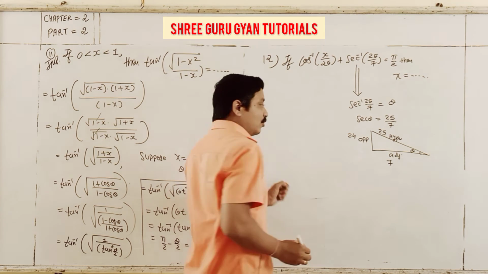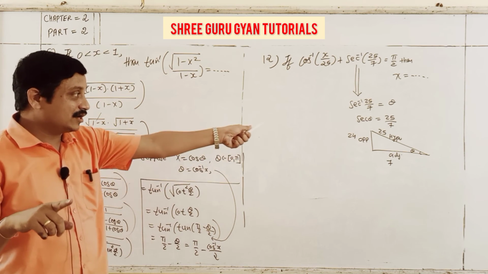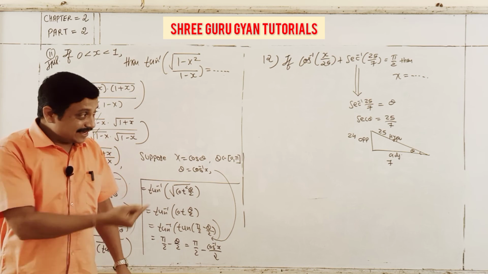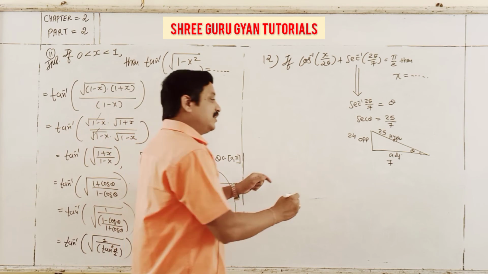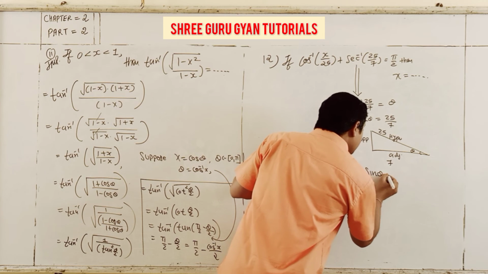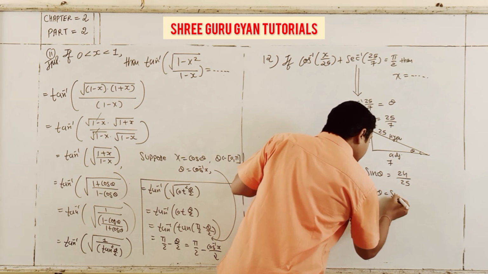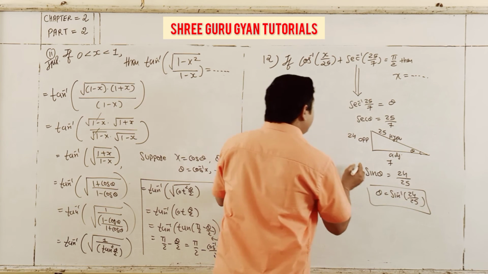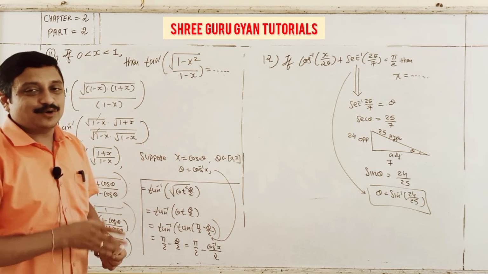Definitely the opposite is 24. 24 square is 576, and 7 square is 49. Both total 625, which is 25 square. So definitely your sin theta is ready. Opposite by hypotenuse, theta becomes sin inverse 24 by 25, and I put this here, and happily our numerical is done.